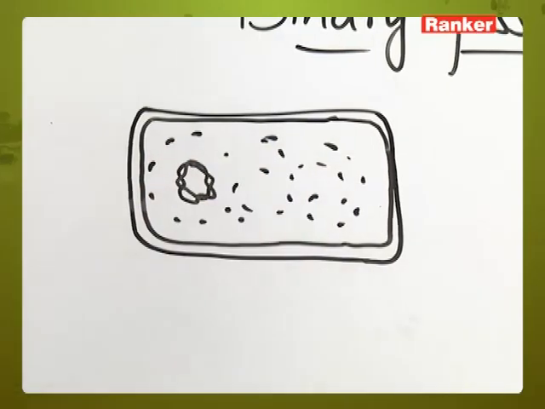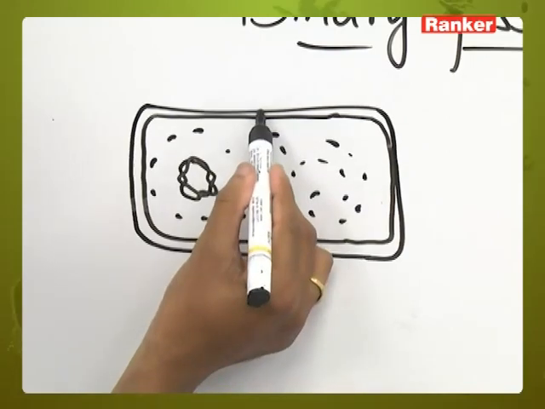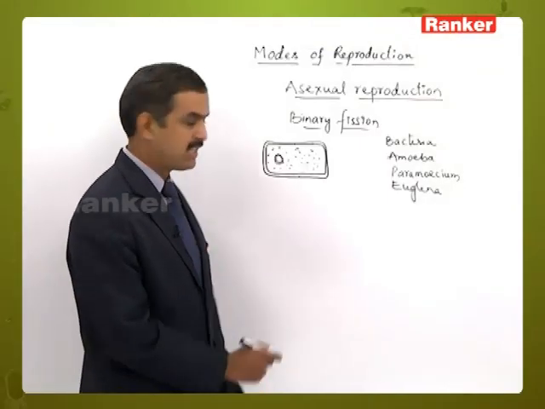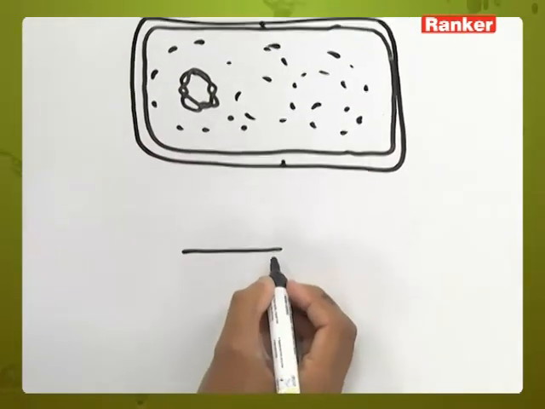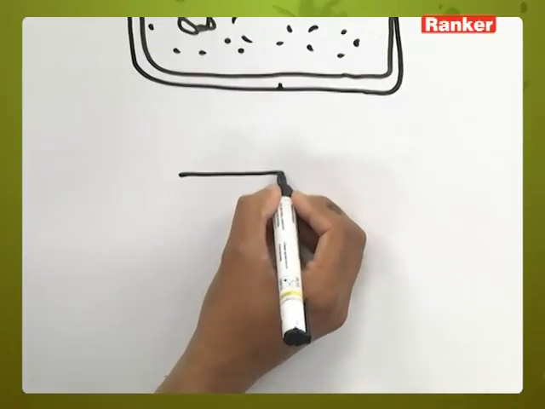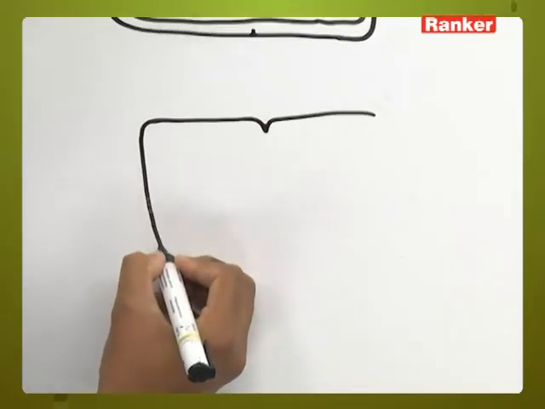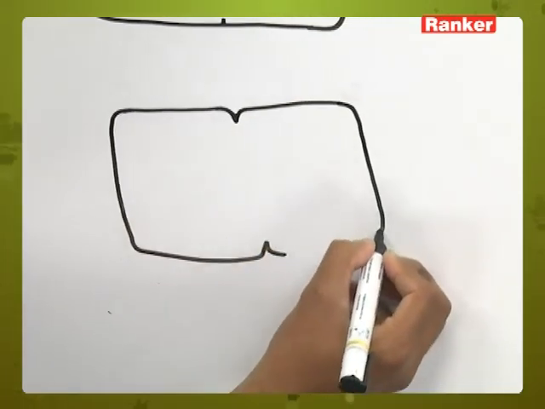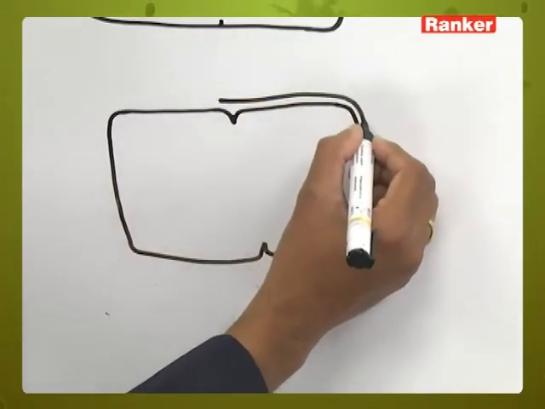First, a small constriction will develop in the middle of the cell on the outer side. This constriction developing in the middle will gradually grow towards the center, into the cytoplasm.